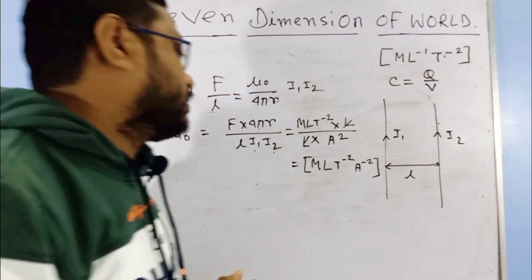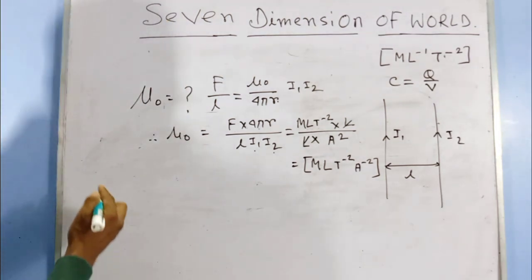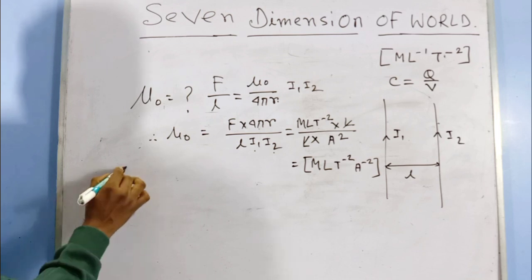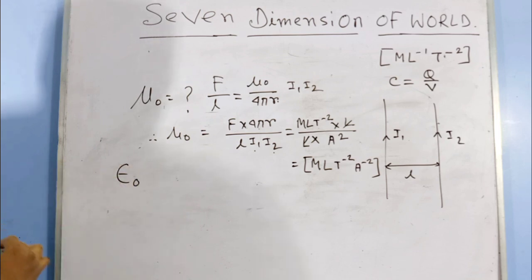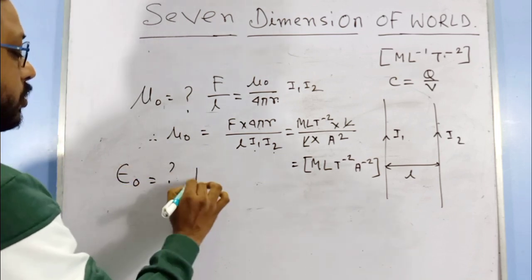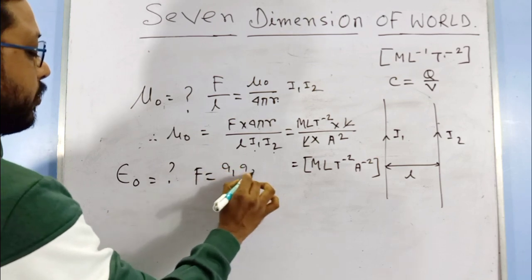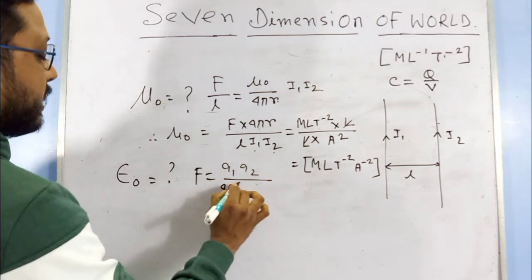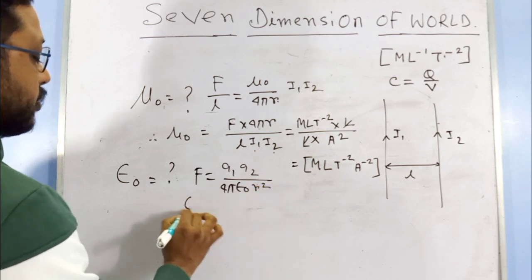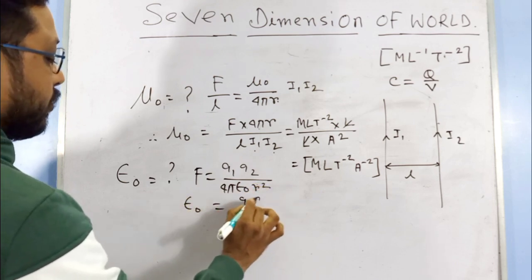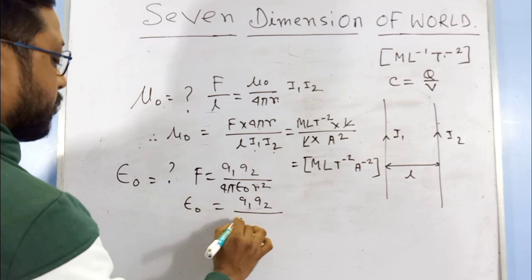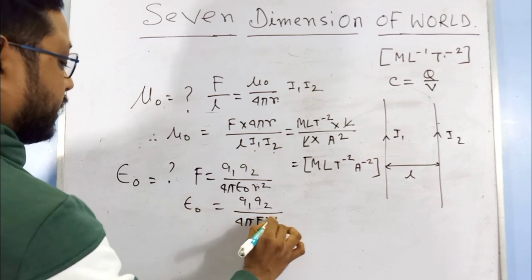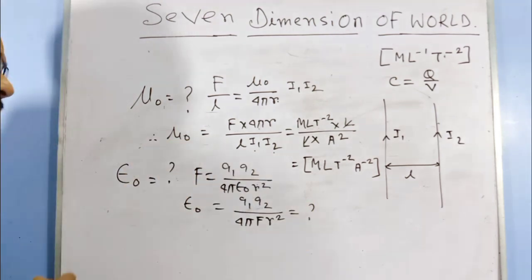From this we can also find out the dimension of permittivity of free space, epsilon naught, from Coulomb's law, F equal to Q1 Q2 by 4 pi epsilon naught r square. So epsilon naught equals Q1 Q2 divided by 4 pi F r square. What will be their dimension?